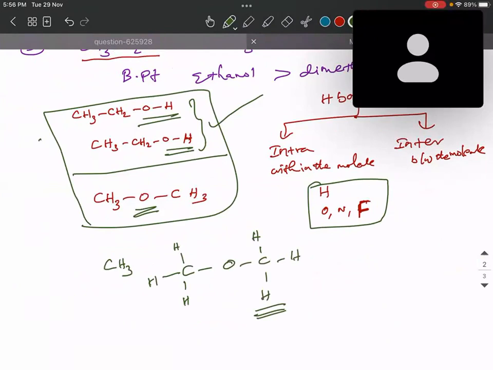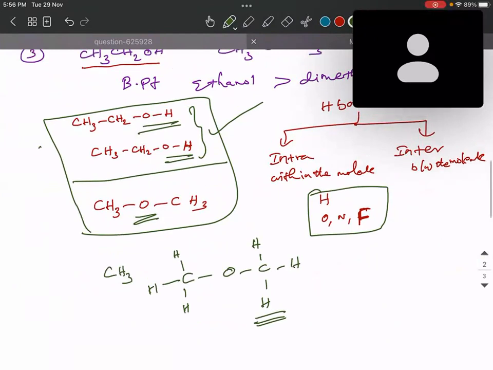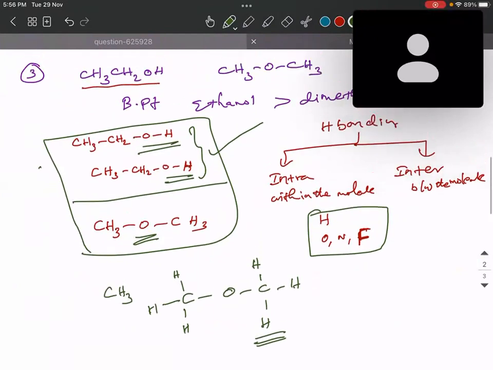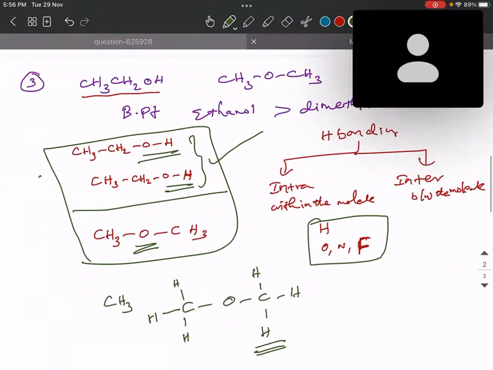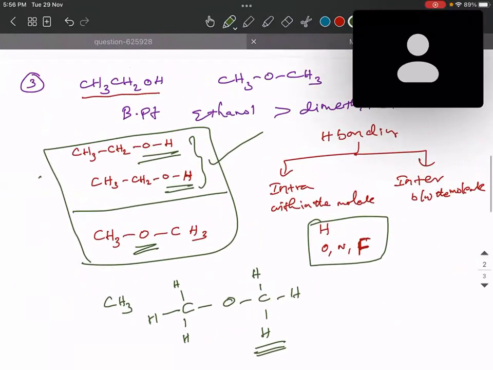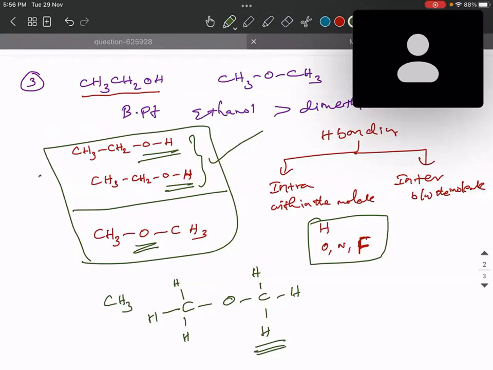When the hydrogen is attached to a more electronegative atom, that time it will undergo hydrogen bonding. So now tell me which oxygen, which hydrogen will undergo hydrogen bonding. That's why ethanol will have the intermolecular hydrogen bond, because between the molecules the bonding will be like this.